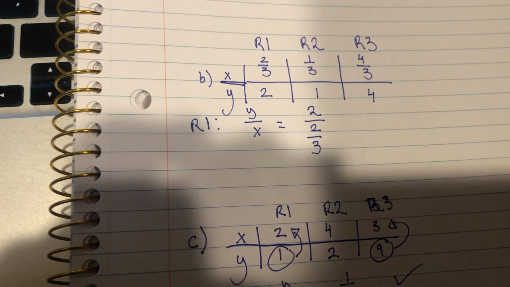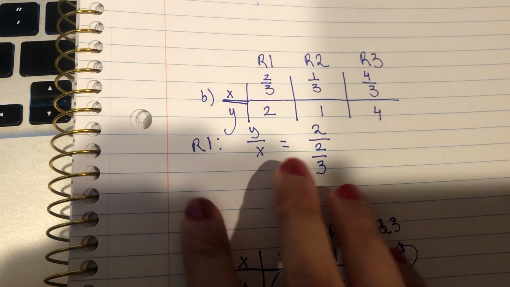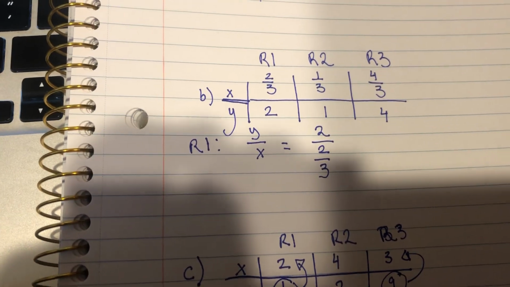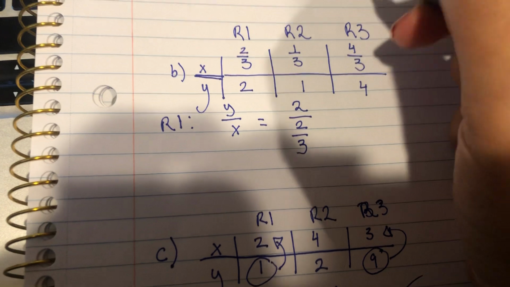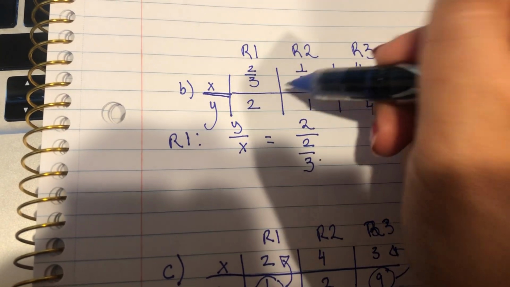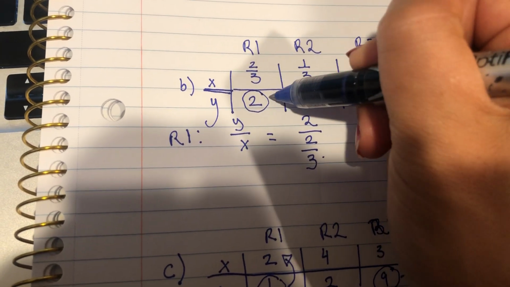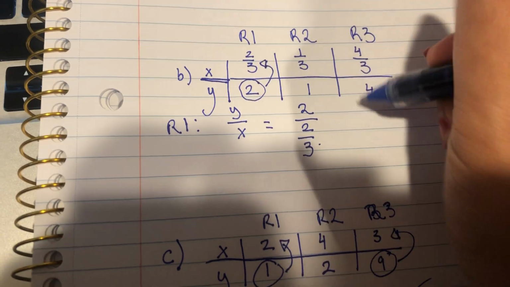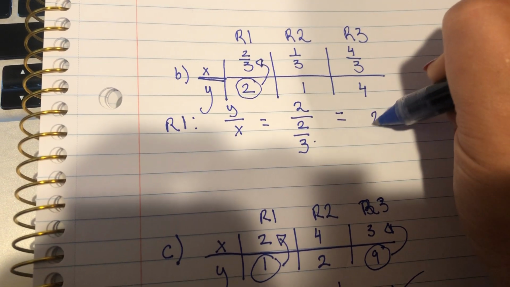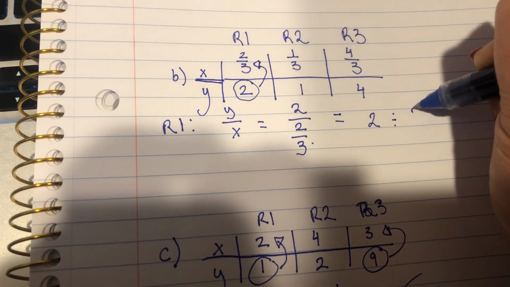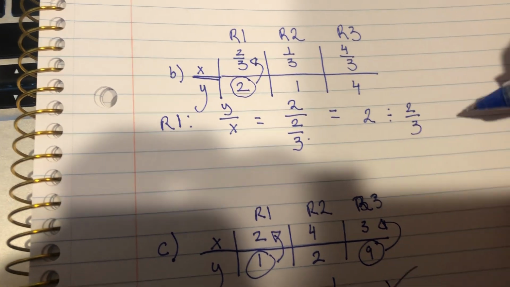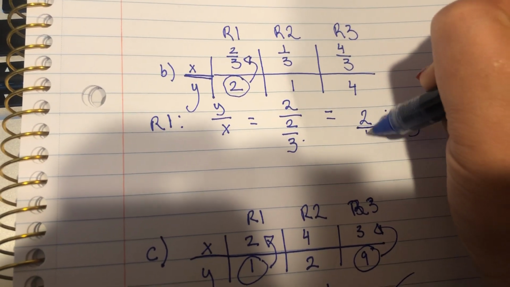So I'm going to show you for ratio 1, the first one, and then you are going to do the second 2. So I have 2 over 2/3 because 2 is my y value, 2/3 is my x value, which means we get 2 divided by 2/3. Now 2 is the same as 2 over 1.